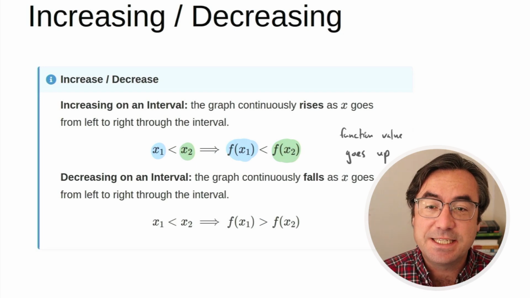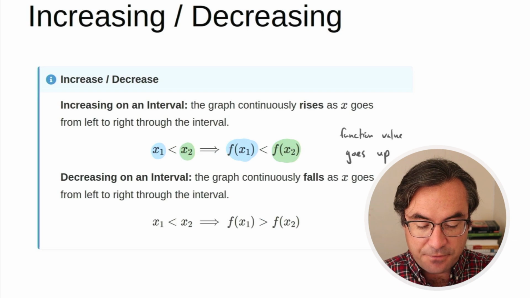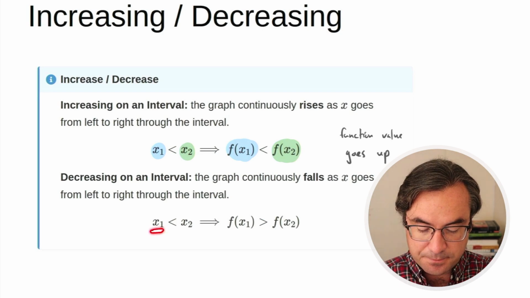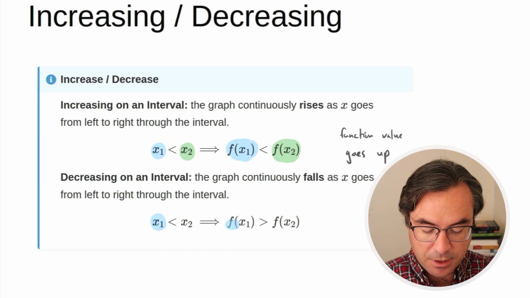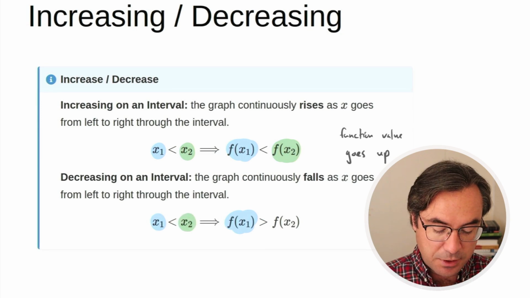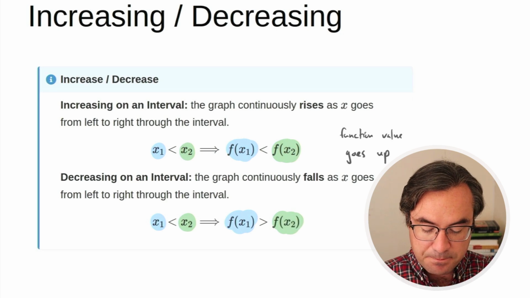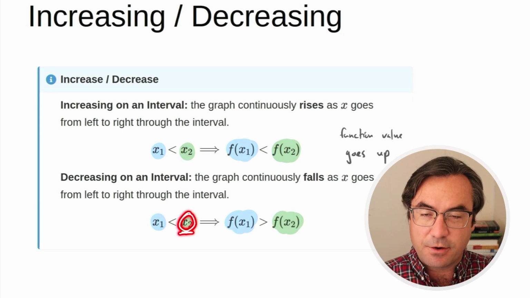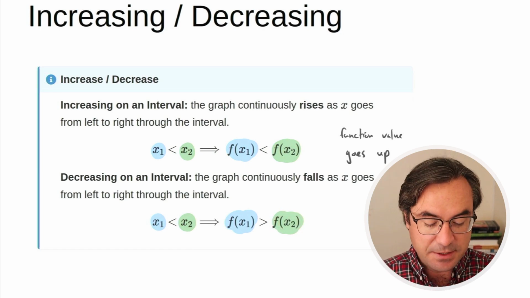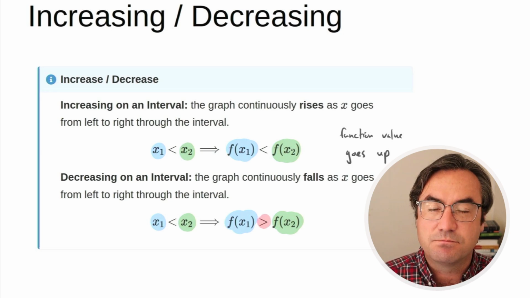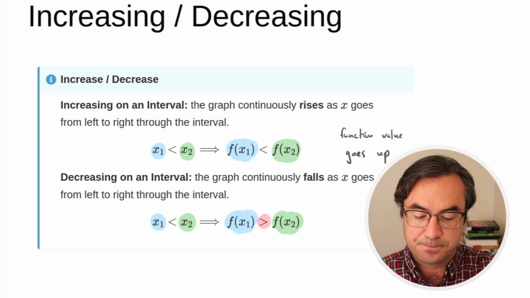Now, a function is decreasing if, same thing, we take one x value, plug it into the function, take another x value, plug it into the function, and that bigger x value gives us a smaller function value. So what happens here is the inequality changes, it goes down.